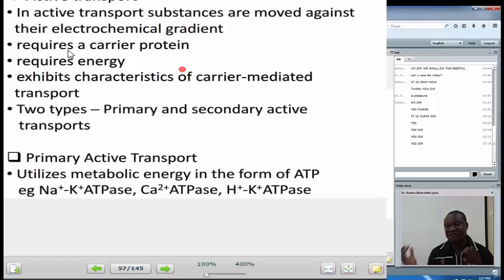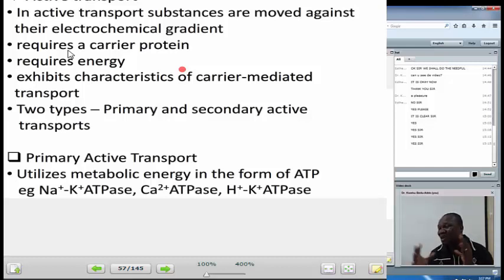Now, in facilitated diffusion, it is from a high concentrated region to a low concentrated region. But in active transport, from a low concentrated region to a high concentrated region using a carrier protein, which is a transmembrane protein.